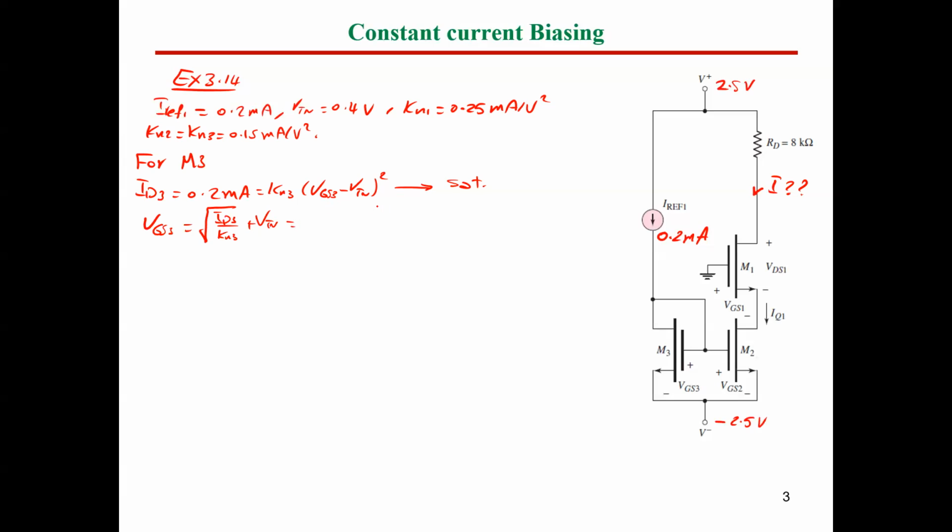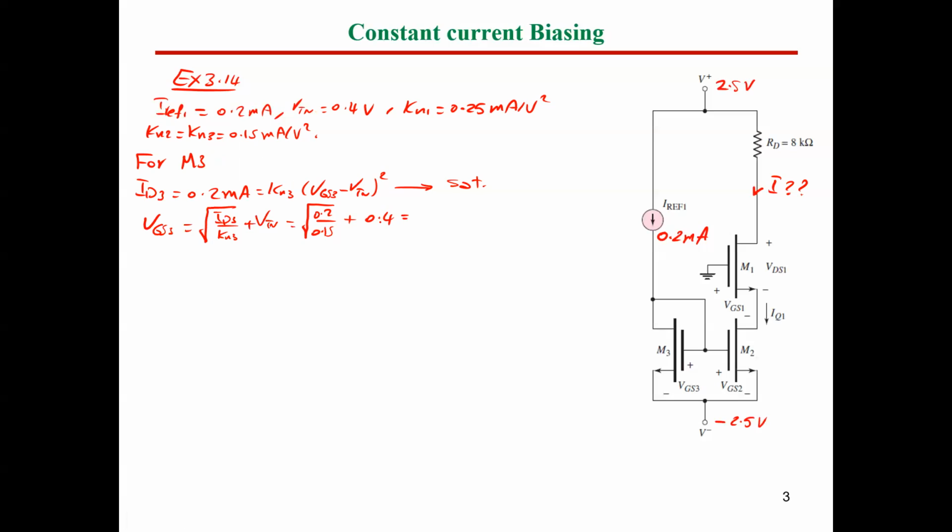Just getting the square root for each side. So you will get V gate to source equals square root of IDS over Kn, plus VTN. Now let's substitute in this relation. We have current equals 0.2 milliamps. So 0.2 divided by Kn for transistor 3, which is 0.15, all plus VTN, which is given here as 0.4.